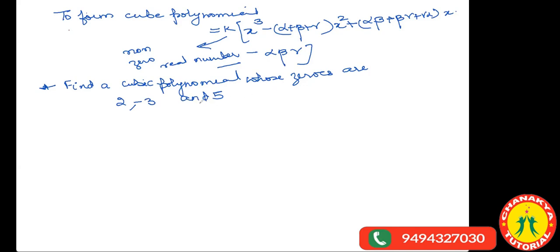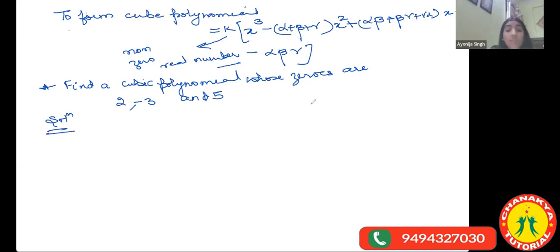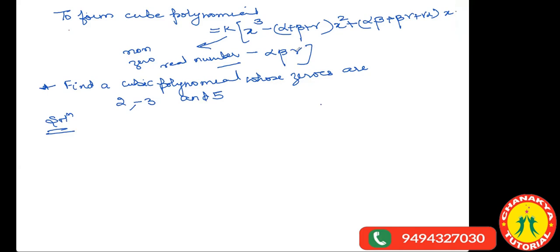So here we are having 3 zeros. So how will you find this cubic polynomial? Please tell me. Ma'am, we will first write let alpha, beta, gamma be the zeros. And then you have to find the sum of the zeros, the sum of the product of two zeros taken at a time, plus the product of the zeros. So 3 things you need to find. Clear, beta?